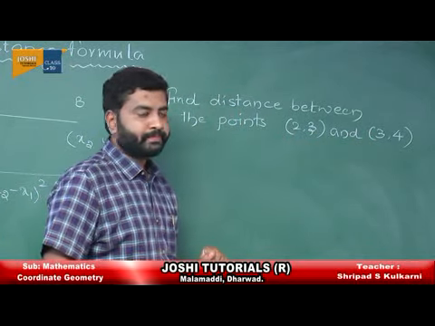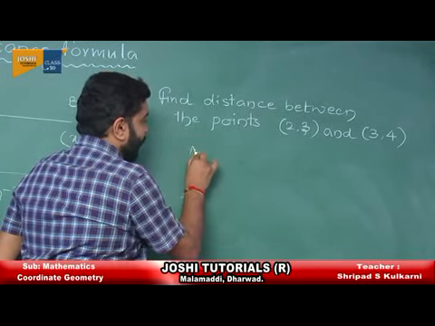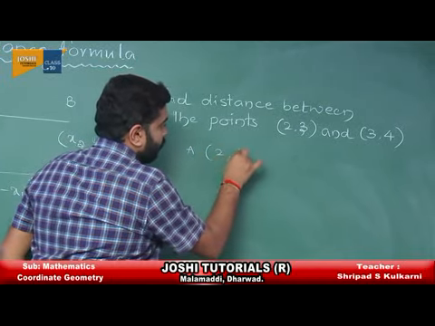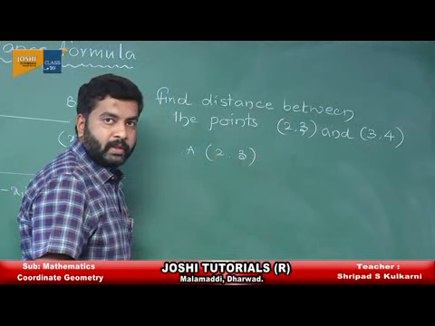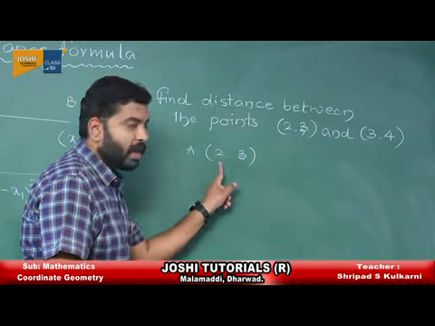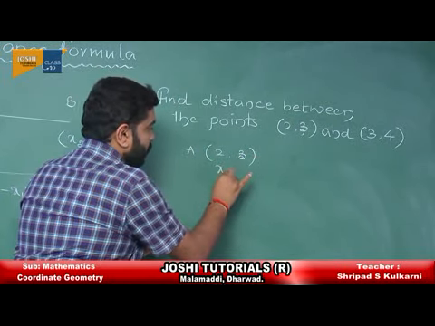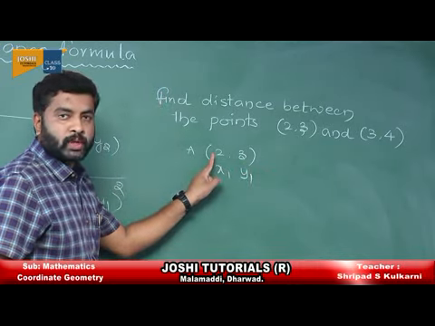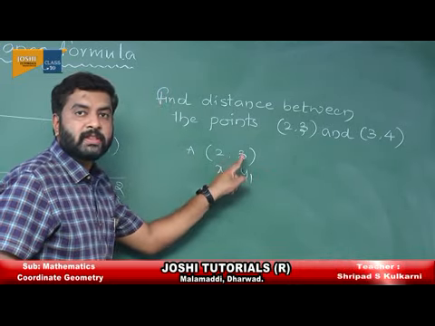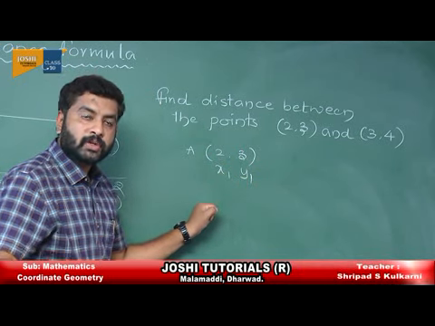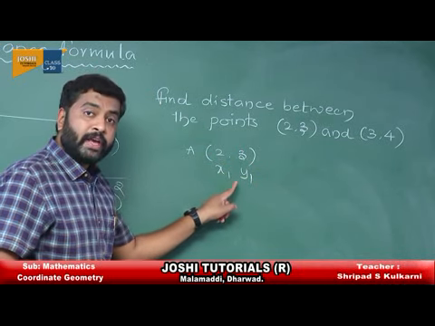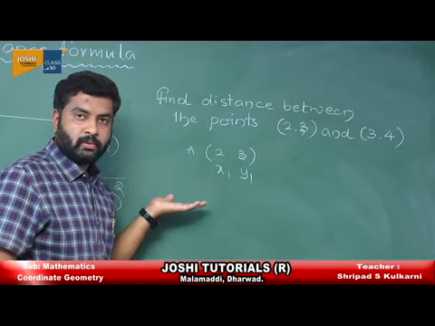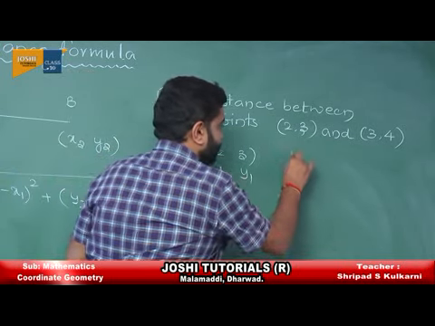First job. Point A is (2, 3). Can we take it as x1, y1? The value of x1 is 2 and the value of y1 is 3. Now you can ask the question: can we take x2, y2? Yes, you can, no problem. Nothing makes a big difference.